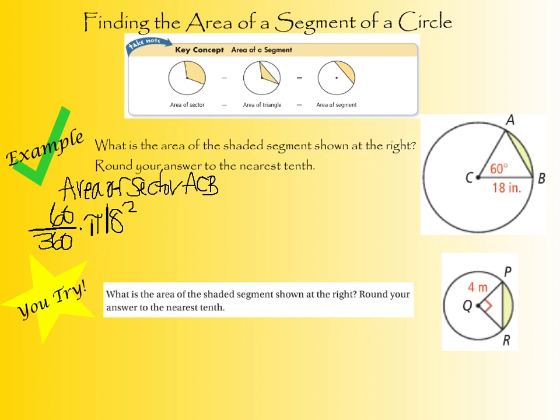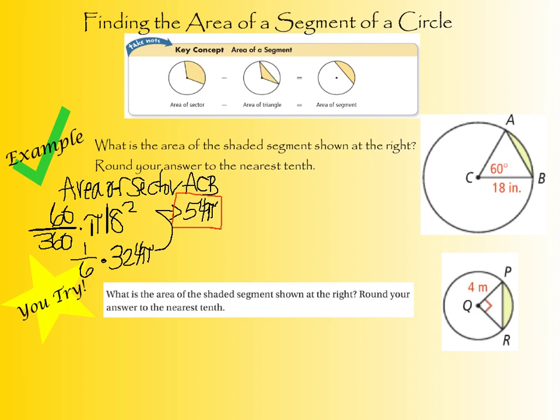Well, 60 over 360, that reduces to 1 over 6. So we have 1/6 times pi times 18 squared. 18 squared is 324, and then we have pi. And when we reduce that, 1/6 of 324 is going to be 54 pi. So 54 pi is the area of sector ACB. I'm just going to box that in so we don't lose track of that. So that's our first part.